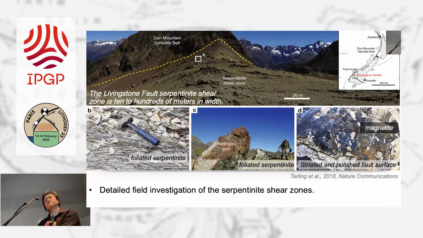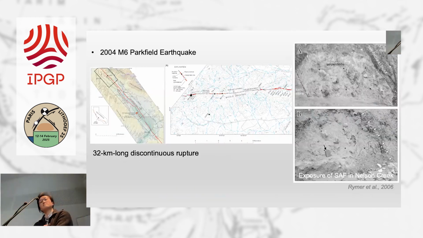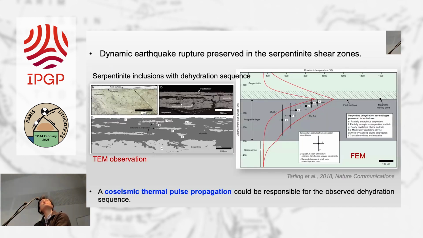Then they collected samples from this kind of fault surface and observed different serpentinite inclusions with distinct petrology and microstructures, showing a dehydration sequence. They interpreted this sequence as occurring because of a co-seismic thermal pulse or rupture propagation. Then they successfully used a finite element model to test their interpretation.